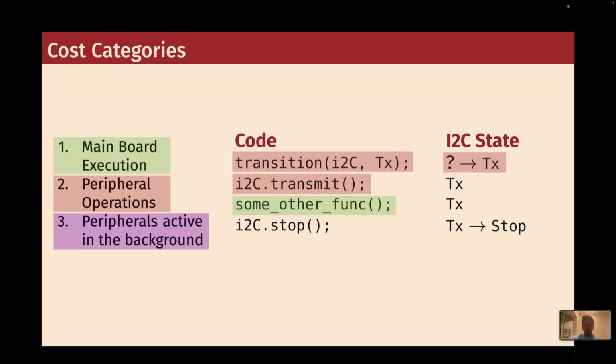Importantly, while this function is executing, we also have to consider the fact that the I2C bus is in the TX state and performing some operations. Finally, once the transmit has completed, we call the stop function in order to transition from the TX state to the stop state. And most importantly, by utilizing type state, we can have a precise understanding and tracking of the peripheral state throughout the course of execution.